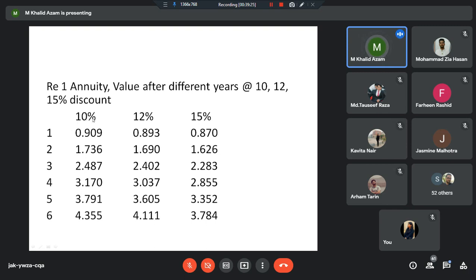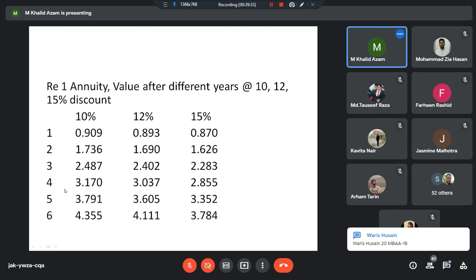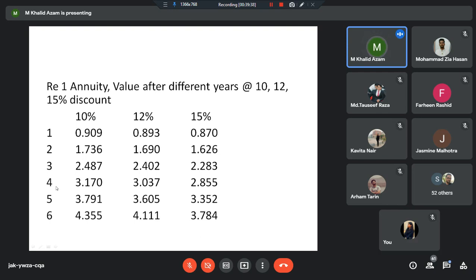But at 10% rate of discount, when you check its value, considering this 1 rupee here, 1 rupee here, 1 rupee here, you will find that the 4 rupees you have received, its value is not the same. Its value is less than that at 10% rate of discount. So that has become 3.17 rupees at the end of the 4th year.